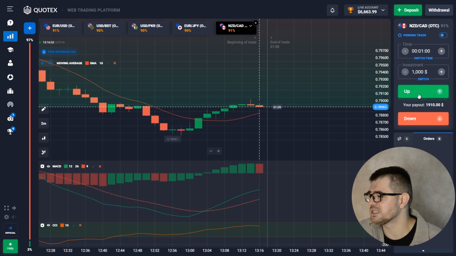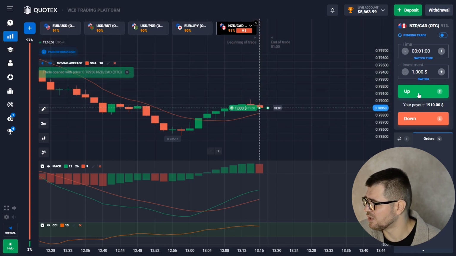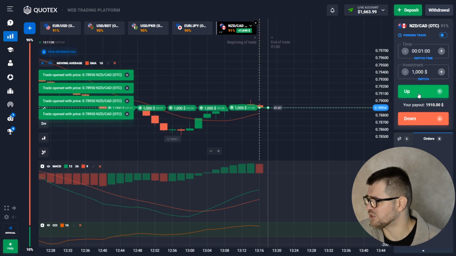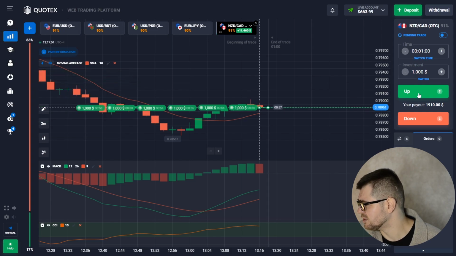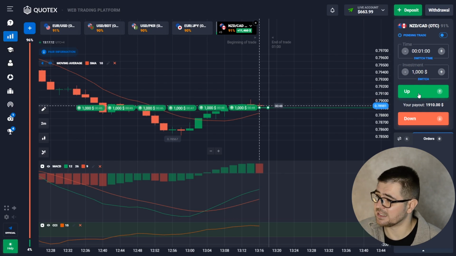Okay, let's go in with our next option, $6,000 we can do, and a call option. We have a growing trend here. Like on a 2 minutes time frame graph, we can see there is a growing trend.